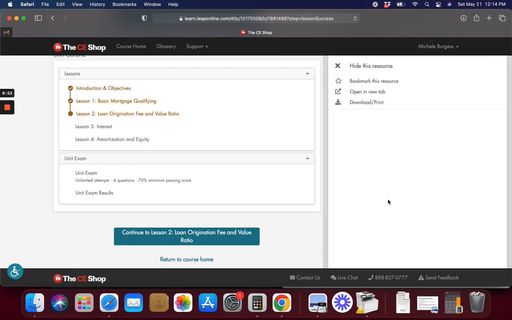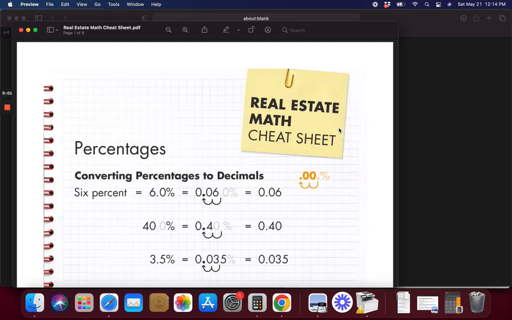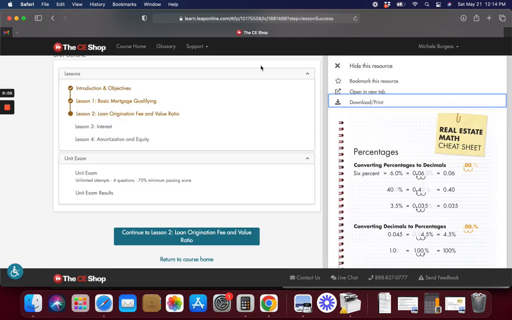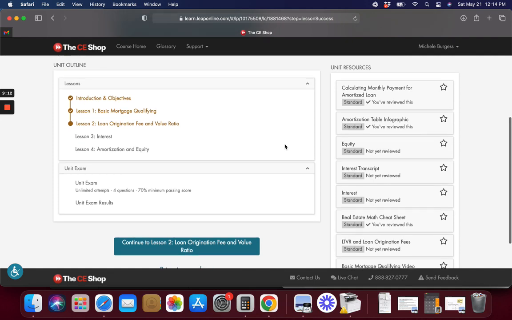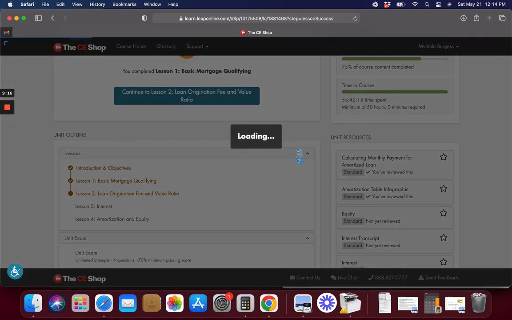Math cheat sheet. Then we already pulled this. Yeah, this one will not. Okay, we're going to need this probably for the test. Okay, let's go here a minute. LTV, origination fee. All right, this is what we're doing next.